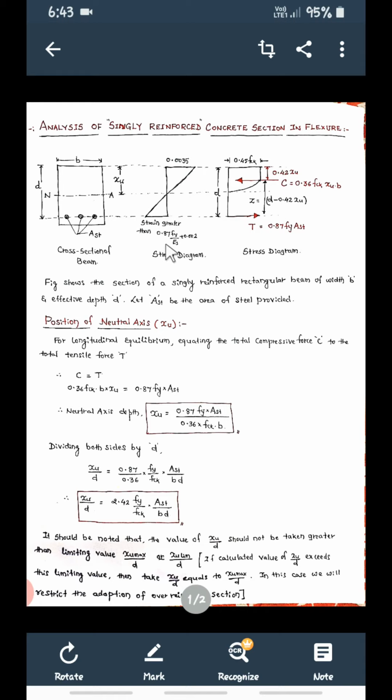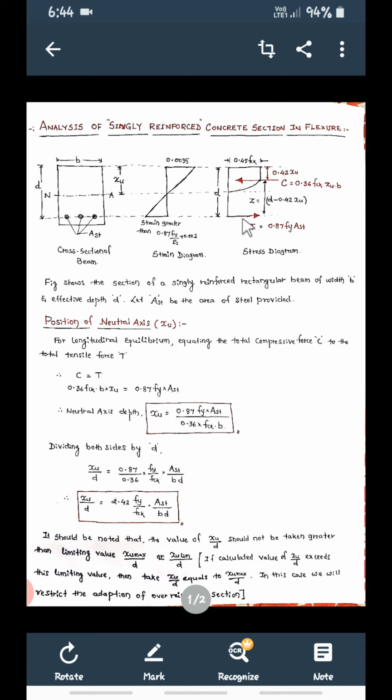It is 0.87 Fy divided by Es plus 0.002. We are going to see this in the next article. Right now you have to remember the maximum strain in the concrete is 0.0035, and the maximum strain in the steel bar is 0.87 Fy divided by the Young's modulus of elasticity of steel, plus 0.002. Okay, this is the strain diagram.